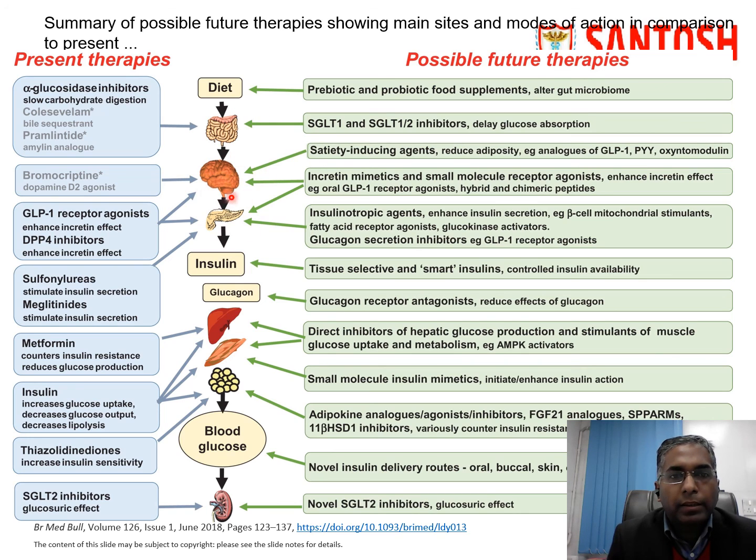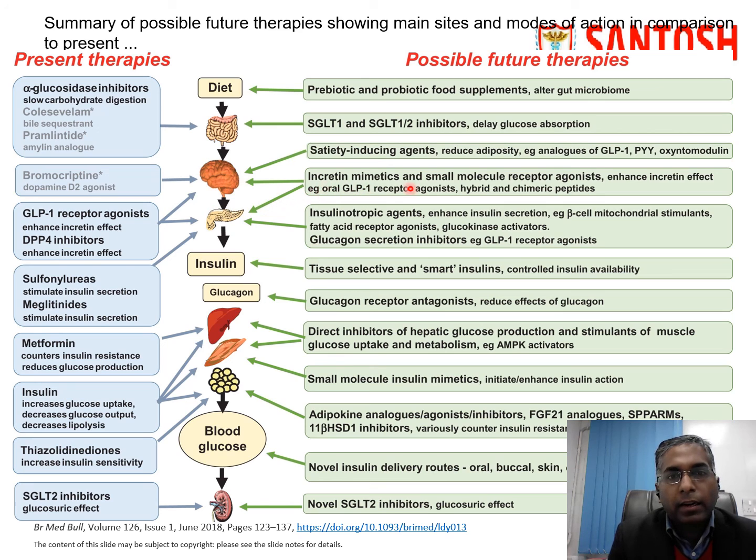And in the brain, certain agents like satiety-inducing agents, which can reduce adiposity, that is analogs of GLP-1, PYY, oxyntomodulin, can cause satiety. The patient may have decreased hunger because intake of food is limited. It may lead to a low blood glucose level.